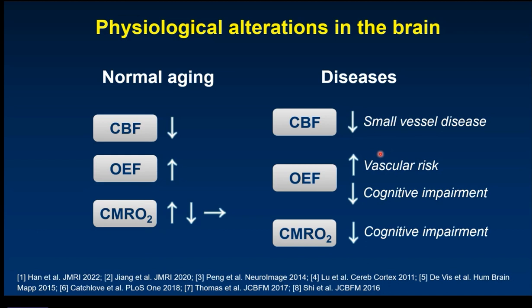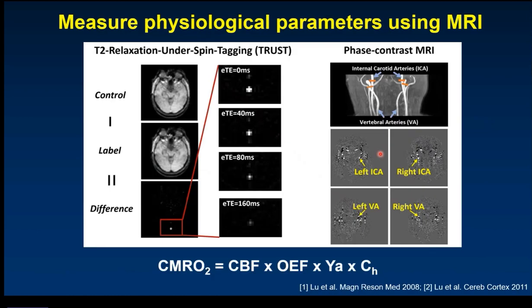Most of the previous studies use cross-sectional data. For our study, we want to use longitudinal data to further investigate the effect of aging and diseases on these physiological parameters. First, let's take a look at how we measure these physiological parameters non-invasively using MRI.